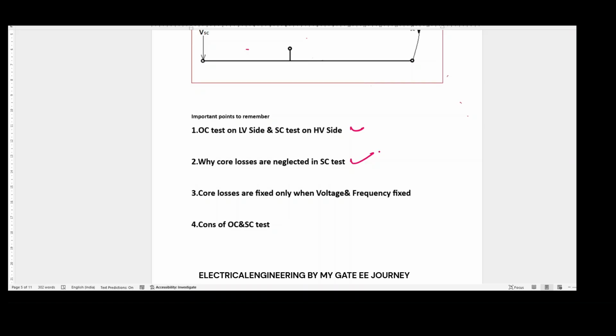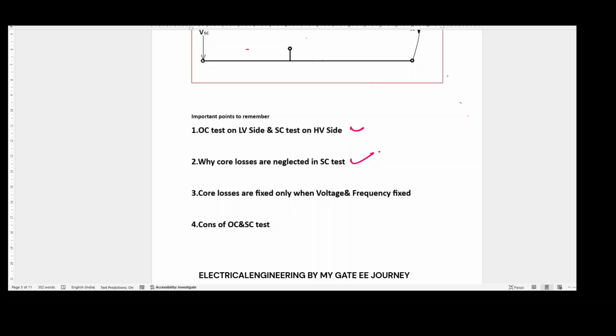That is the reason core losses and magnetizing current are very less compared to copper losses, and why we neglect these core losses. And one more thing, we should not get confused: if someone says core losses are constant, we should know core losses are constant only when voltage and frequency are fixed or rated.